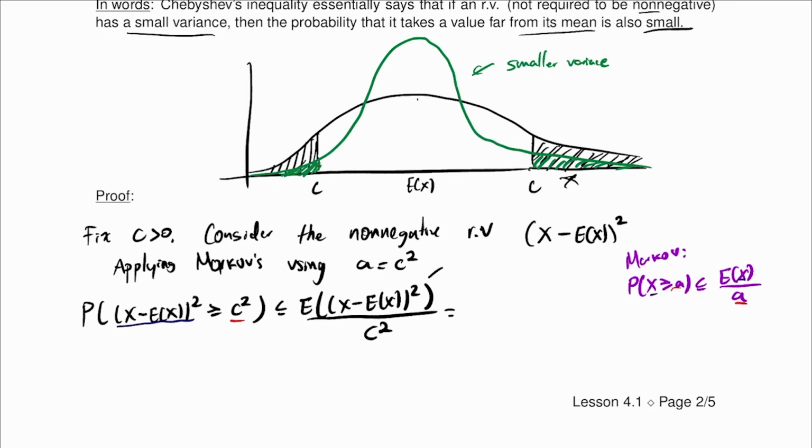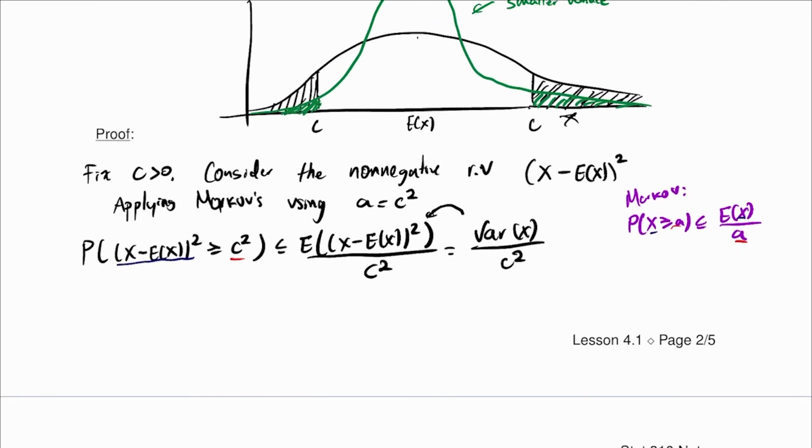But this expected value here is actually the variance of the random variable, the definition of the variance. So this is the variance of the random variable over c squared. And here, if we take a square root on both sides, this is the probability that the absolute value of X minus the expected value of X is greater or equal than c.